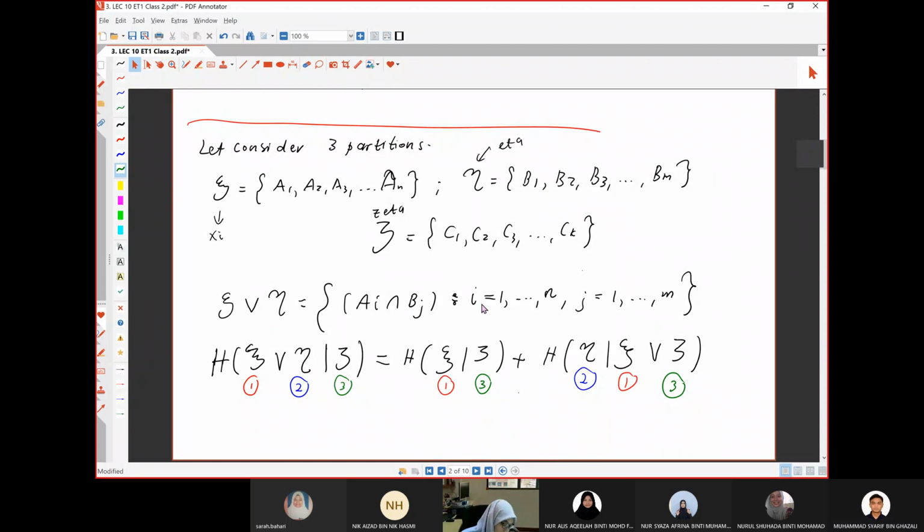So this is the definition of the entropy for a joint partition with respect to another partition. So for this entropy, this is equal to the entropy of the first given the third plus the entropy of the second given the first join with the third. So ni definition dia. You tak boleh ubah dah.